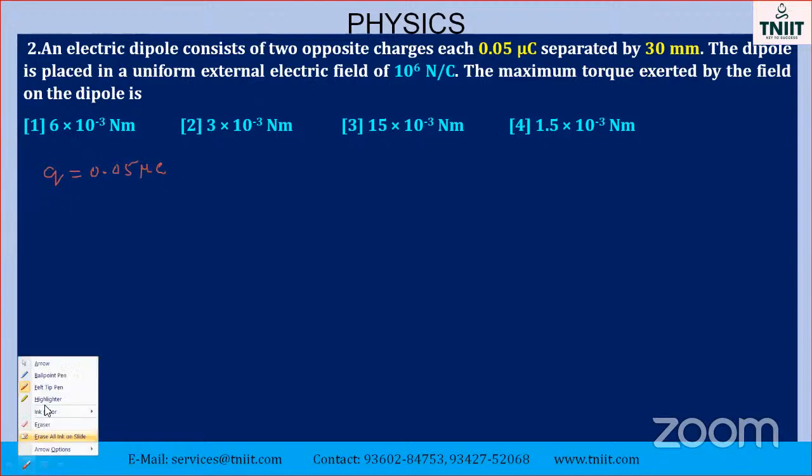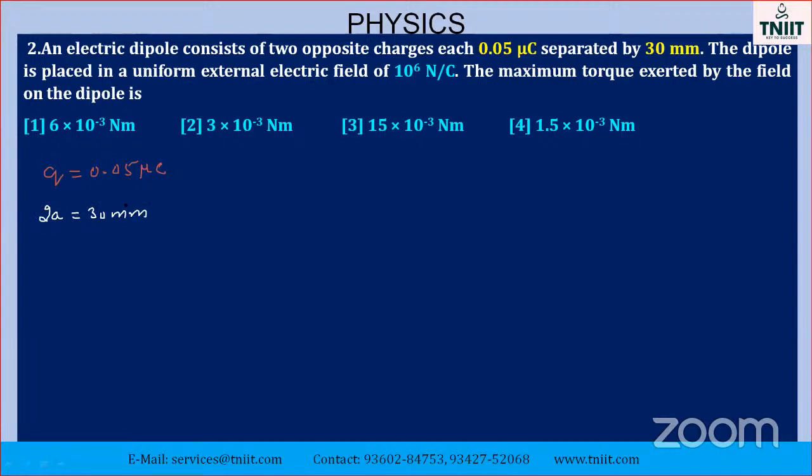Now they are separated by a distance of 30 millimeter, that is 2a. That is placed in the electric field of 10 power 6 Newton per coulomb. The maximum torque acting on the dipole is asked. What is the maximum torque acting on the electric dipole?